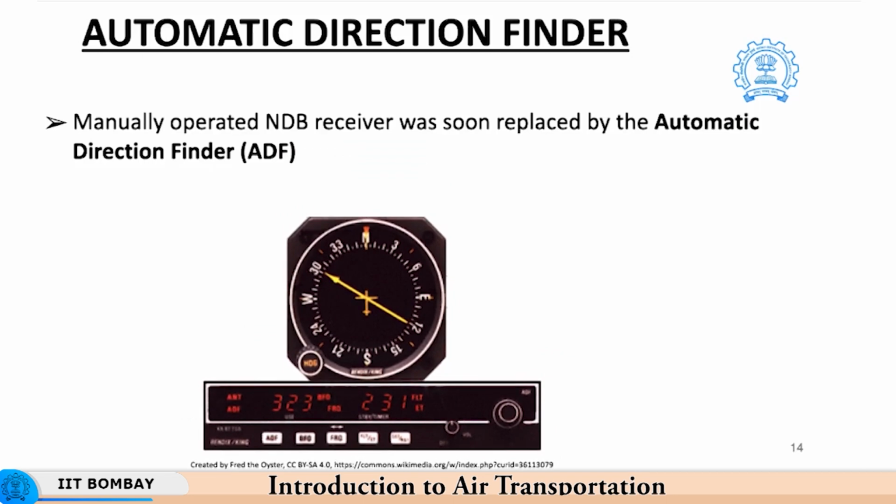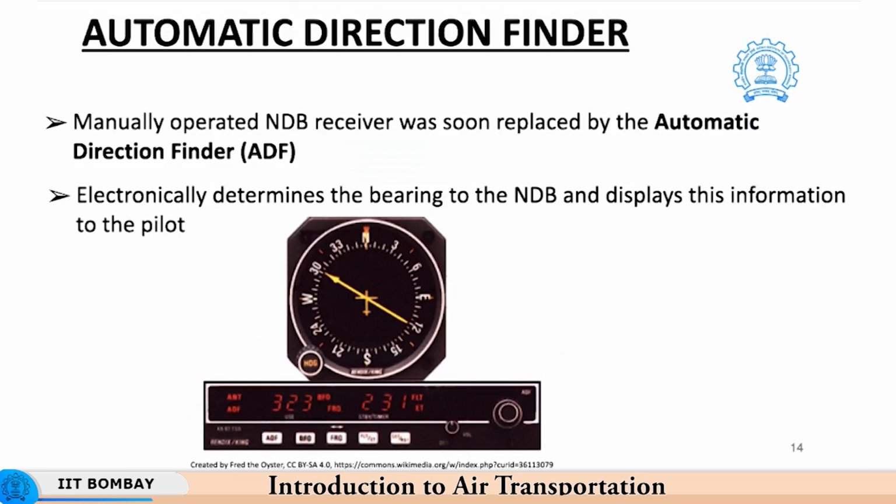What these equipments basically do is electronically determine the bearing of the NDB and display this information to the pilot, and hence the cumbersome part related to tuning to a particular frequency and subsequently adjusting the direction finder to home towards a particular radio station is reduced, and the workload related to the pilot is significantly reduced.